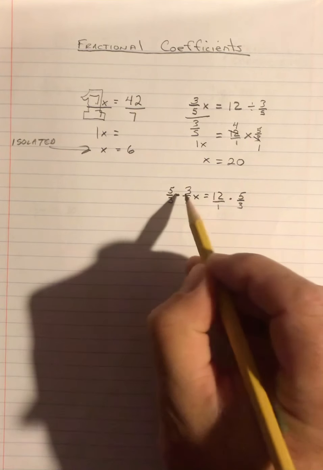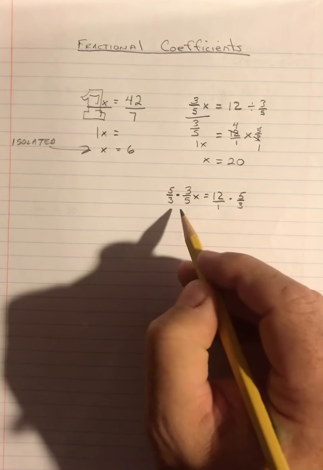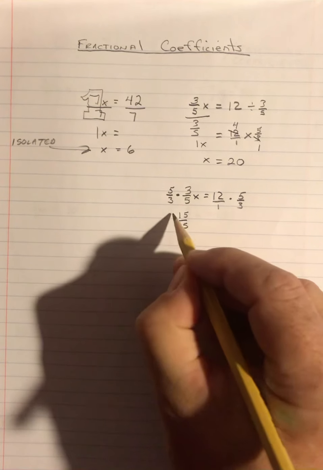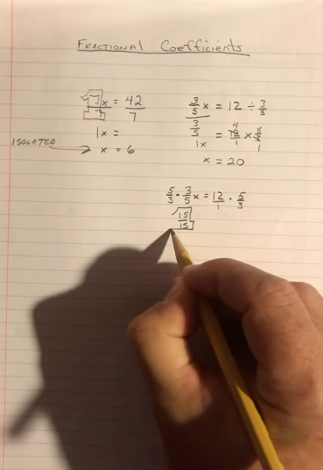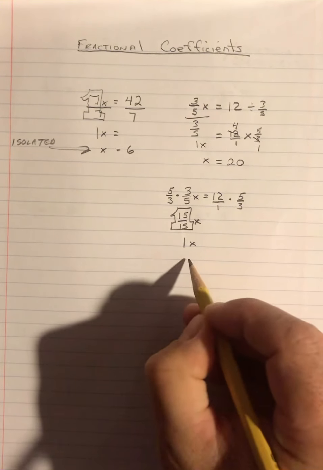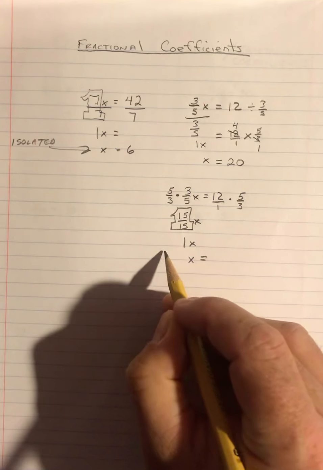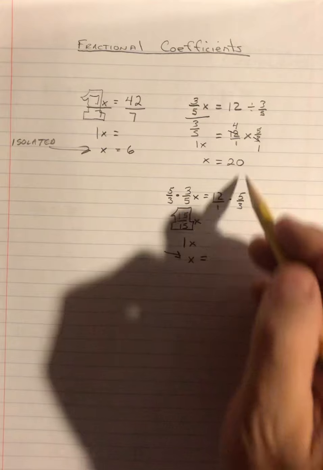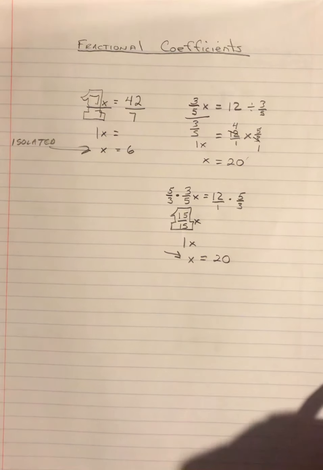So when I multiply 5/3 times 3/5, that's really 15/15, which, as you know, is a 1. So this is really 1x on this side, which of course is x, and I've isolated my variable, which was my goal. And on this side, we can do the exact same thing we did before. This comes out to be 20.